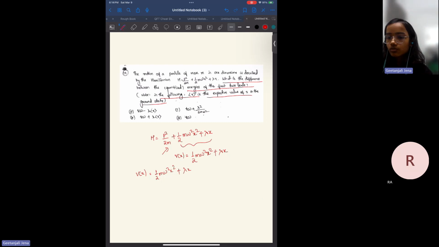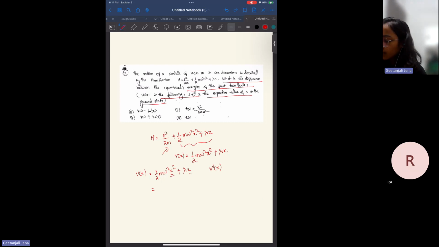So in this kind of situation, what do we have to do? We have to change the coordinate system. We have to change the expression of this potential such that we get a new potential energy that is similar to the old potential energy, and we can solve this problem easily. So for that, you see there is an x square term and an x term.